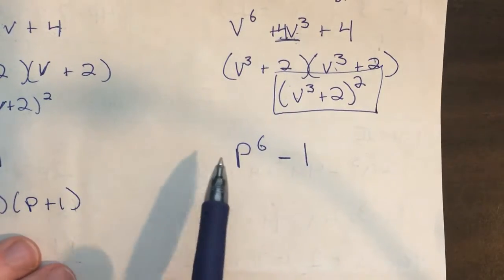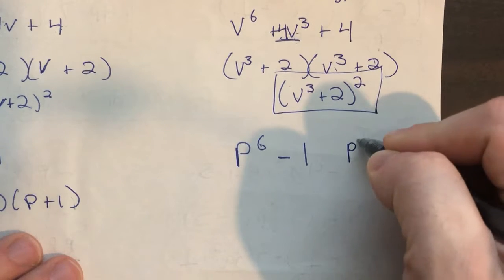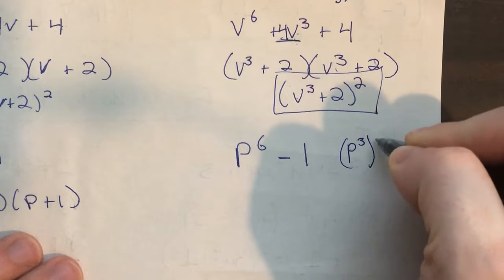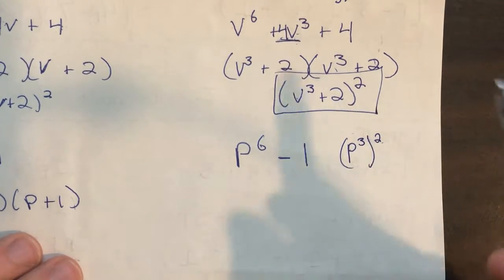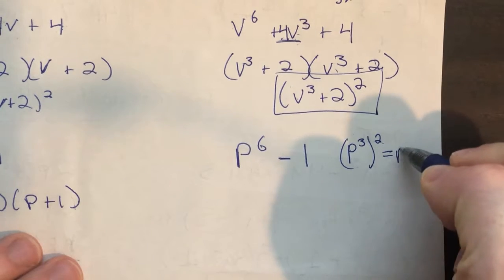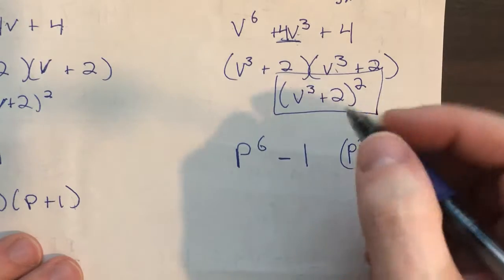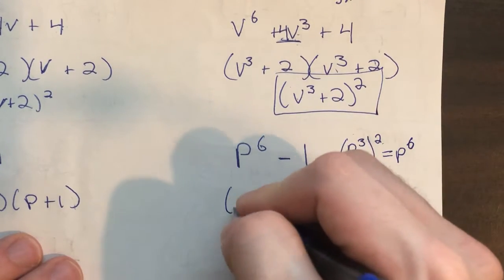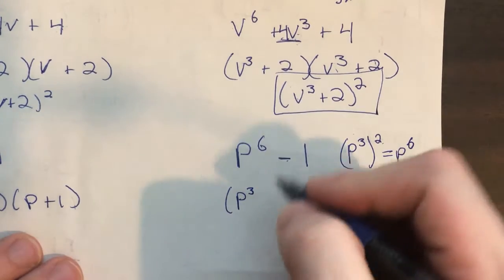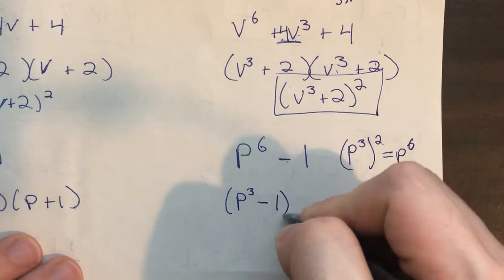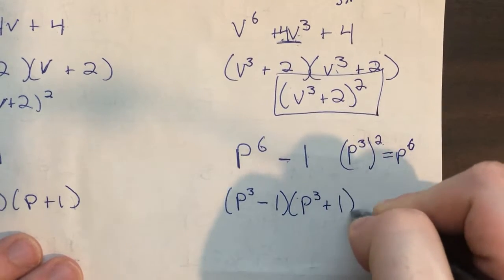Now, similarly, notice how this is a square too, because p cubed squared, well, remember, when you do a power to a power, these multiply, and they get you p to the 6th, because that's 3 times 2. And negative 1 is 1 times 1. So we've got p cubed minus 1, p cubed plus 1.